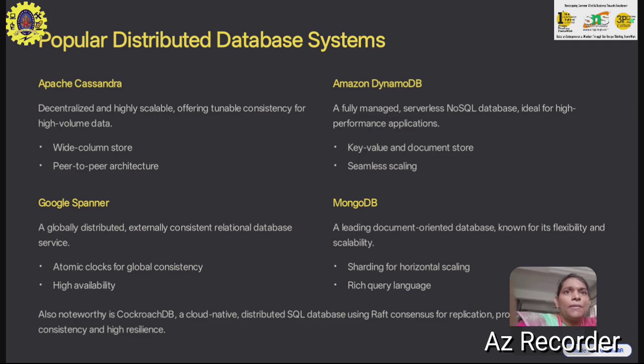One is Apache Cassandra, which is scalable and peer-to-peer, and used in big data systems. Next is Amazon DynamoDB, which is fully managed, serverless and super fast. Next is Google Spanner, which is globally consistent and used in automatic logging. And next, an important one is MongoDB, which is very popular, document based and used for sharding.